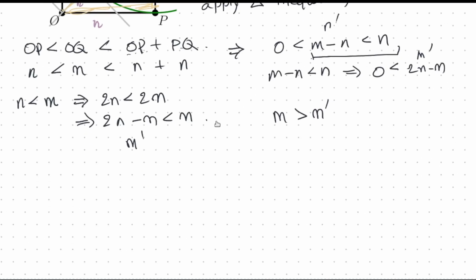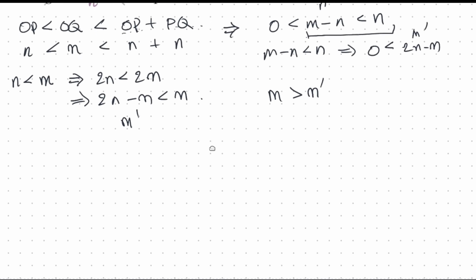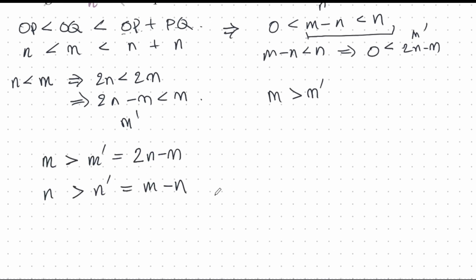Okay, let me make a bit of room and summarize all these results in a nice table. First of all, they get smaller. The transformed square dimensions are smaller than the original square, and they are always positive. So no matter how small a square I start with, I will always get a smaller one, and it will always be positive, never become 0, strictly positive.